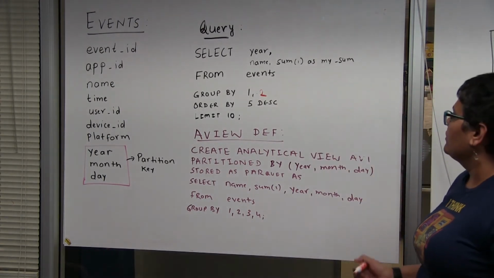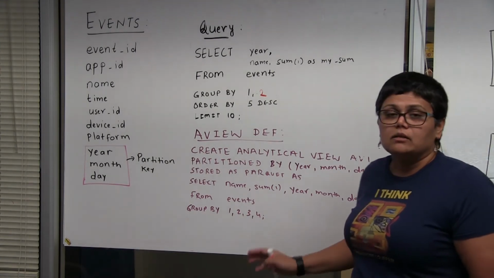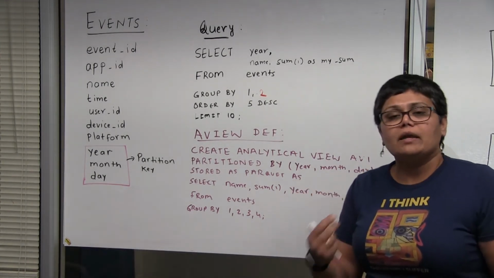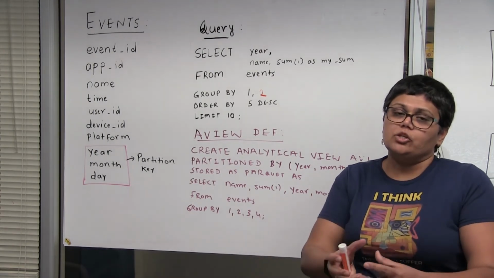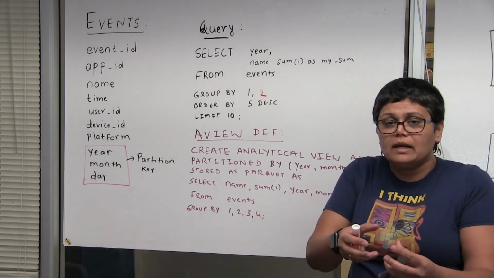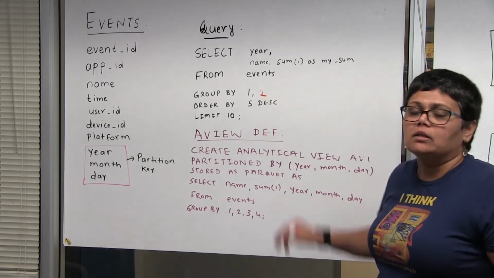No problem. The same analytical view can answer this query because the analytical view is at a finer granularity of data. So ArcEngine applies the compensation to roll up some of that data to answer this coarser granularity query.